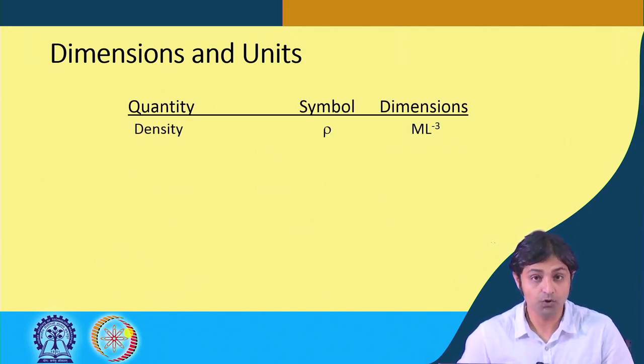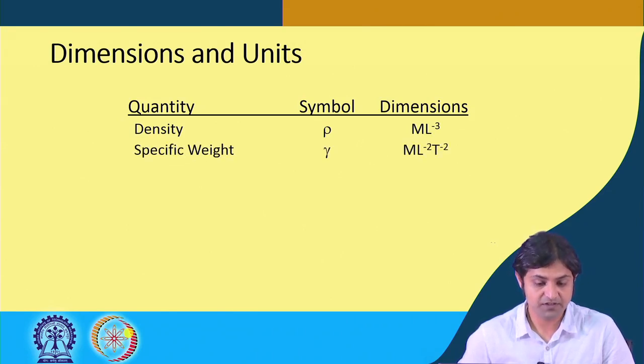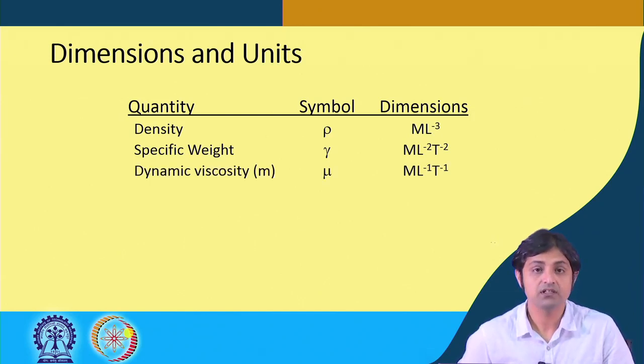So density is given by rho, its dimension is ML^-3. Specific weight is given as gamma. We will come to that, what specific weight is. Dynamic viscosity is the dimension. These are some of the more complex quantities for which we have simply written down the dimensions, but you can actually derive it.